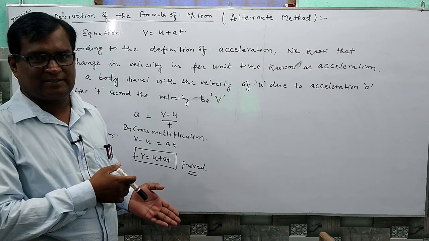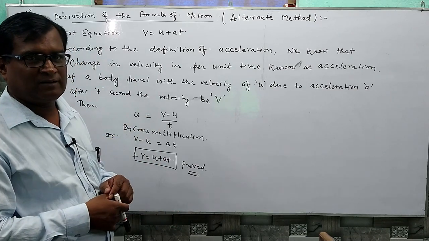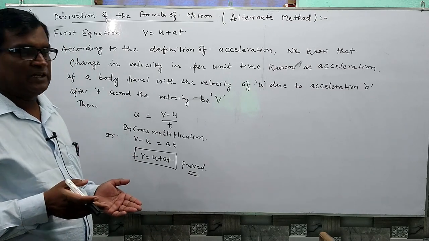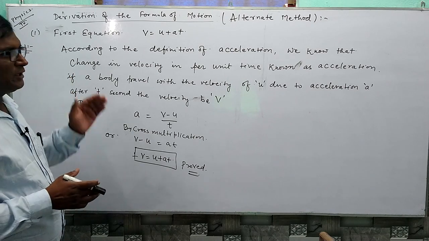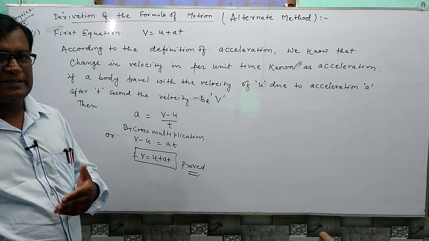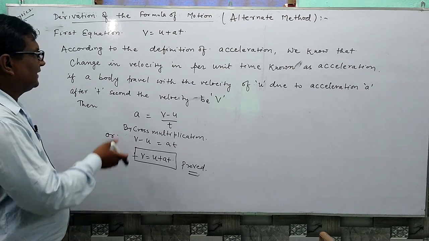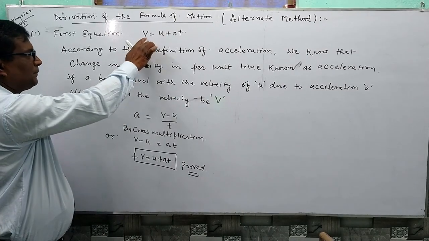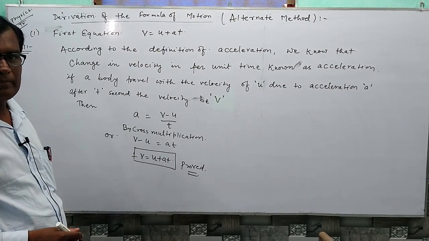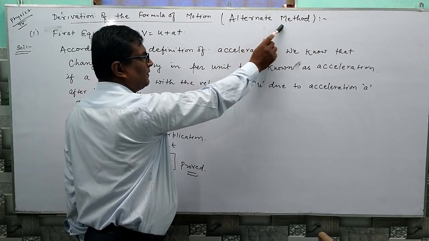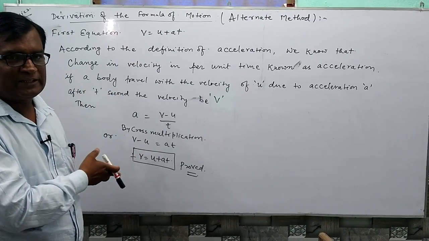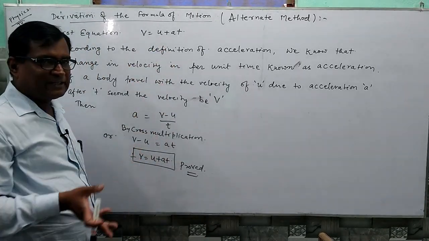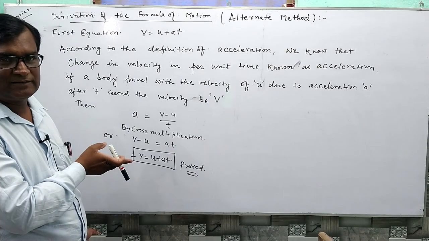In the previous class we solved this formula with the help of the graphical method, and in this class we solve this formula v equal to u plus at again with the help of an alternate method, also known as the algebraic method.